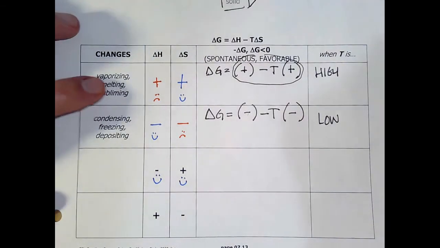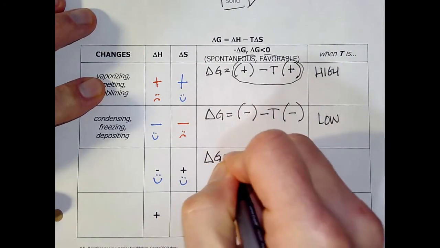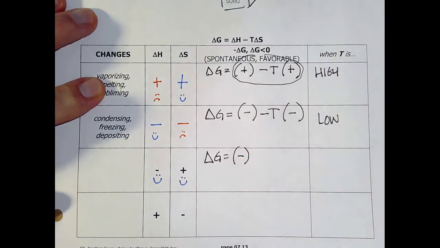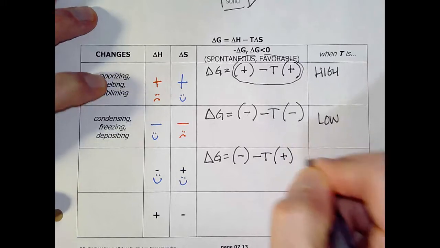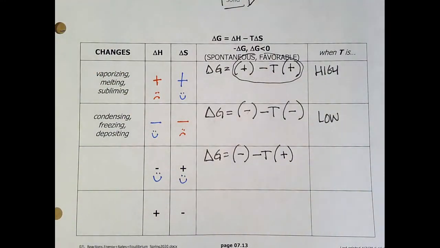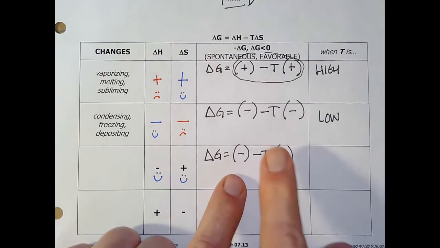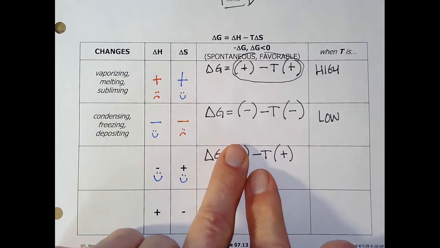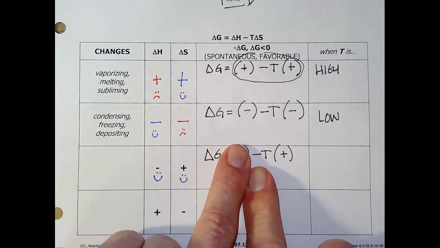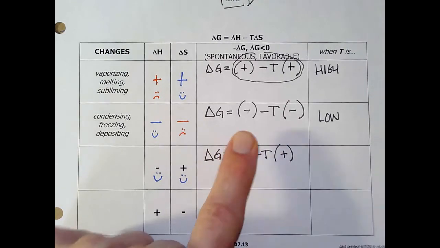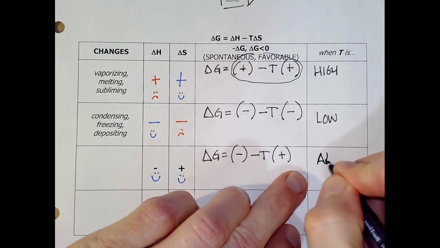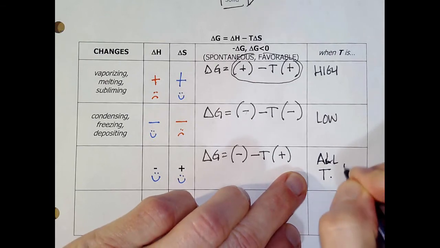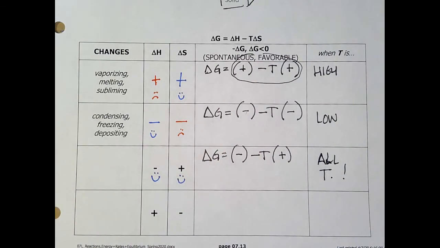Delta G equals a negative delta H minus T times a positive delta S. This part's negative. This part is always negative, no matter what T is. So I can say, oh, if you've got that, we could say all or any temperature. Exothermic and getting messier, cold, hot, it doesn't matter.